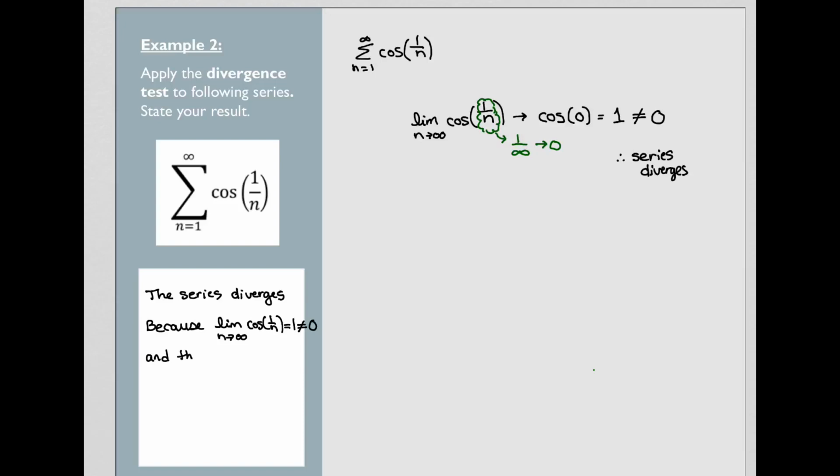And thus the nth term divergence test applies. The nth term divergence test tells us that if the limit is not 0, the series will diverge. Awesome.